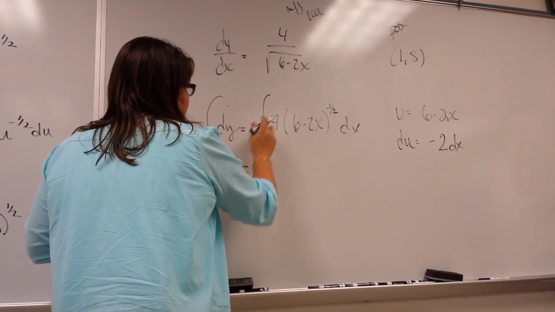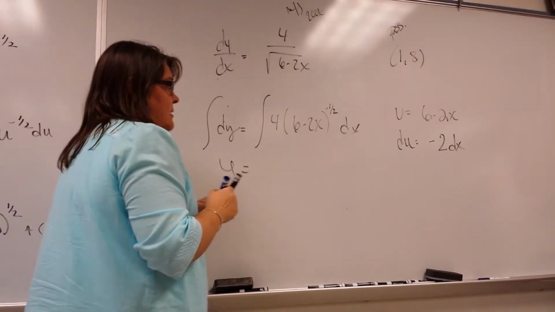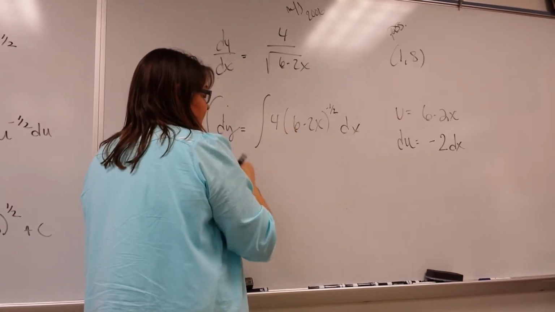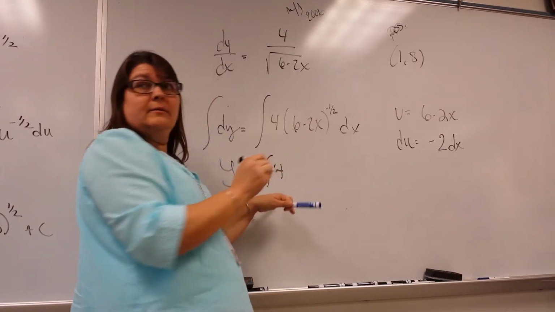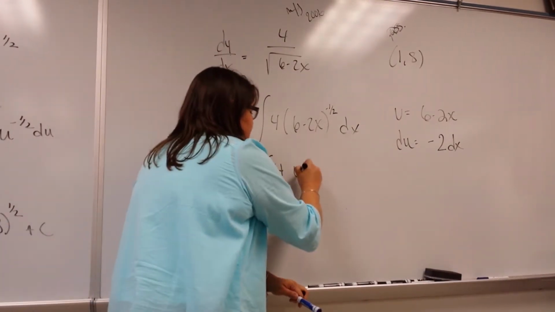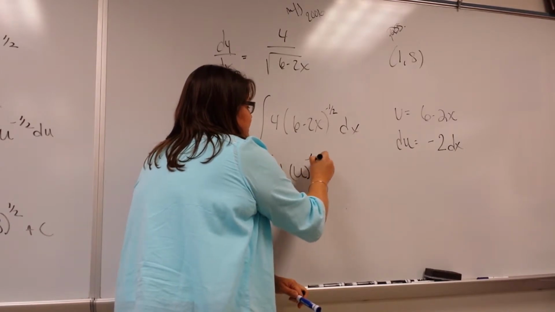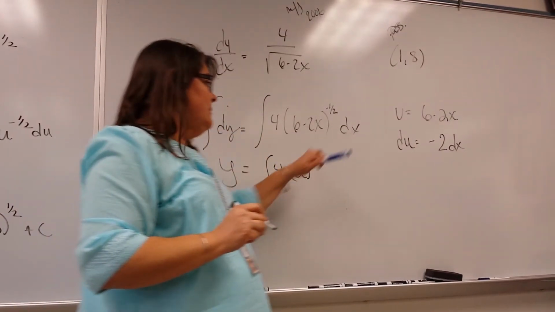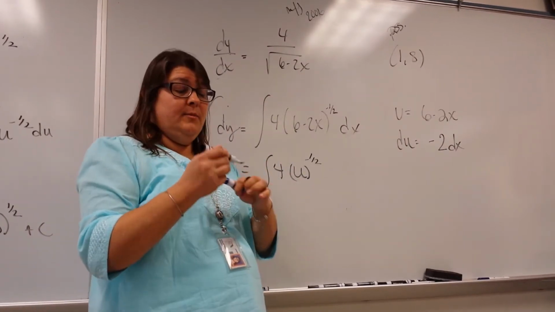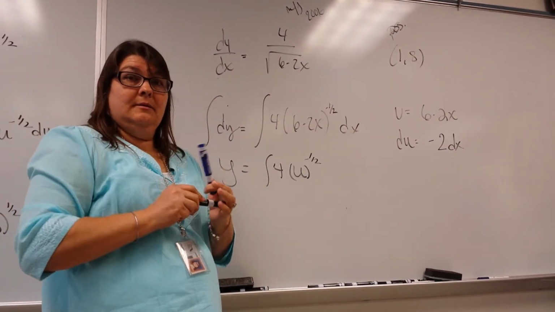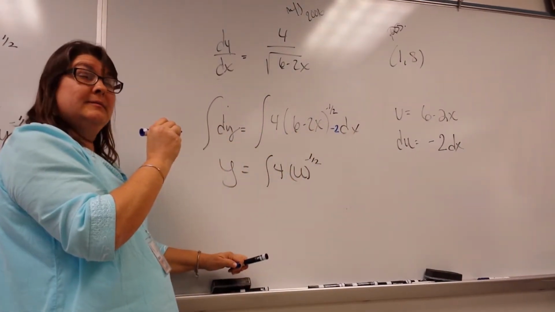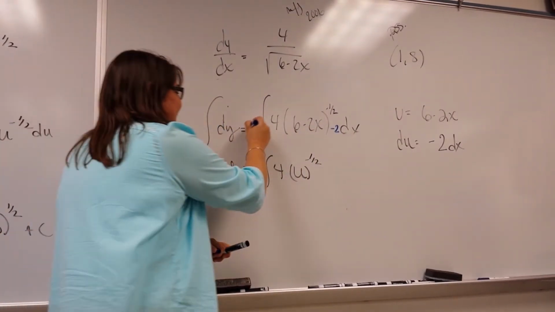I have the number 4, which doesn't matter in the scheme of things for now. I have u to the negative 1/2, would you agree? And how close am I to having du? I'm real close. But what's the problem with it? You put a negative 2, but then you have 1/2 or negative 1/2. Negative 1/2.